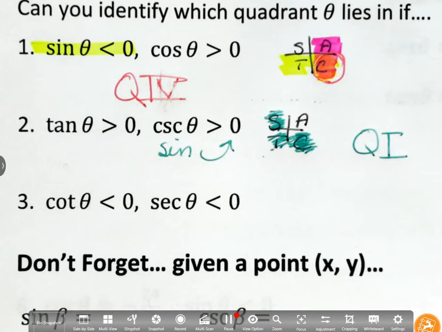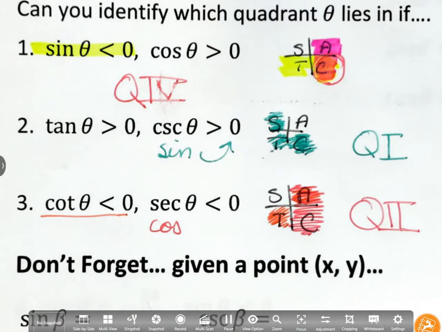What'd you get? Quadrant 1, 4. 3, 2. Sorry, you're off by a couple. Quadrant 2.